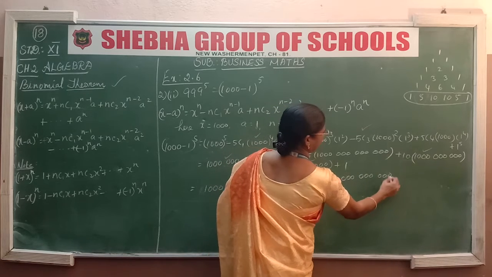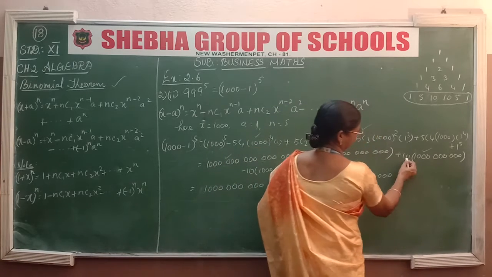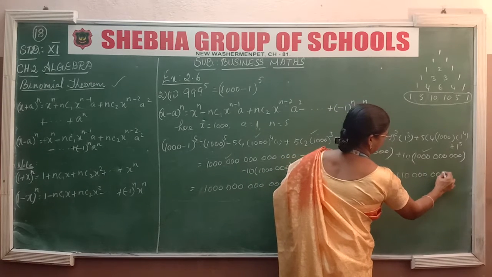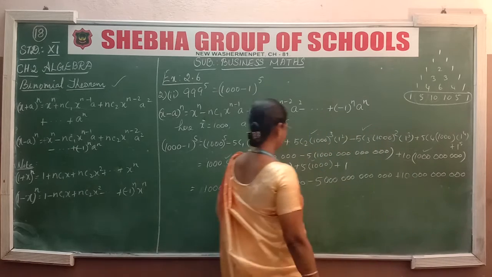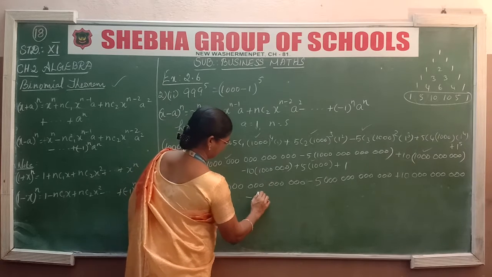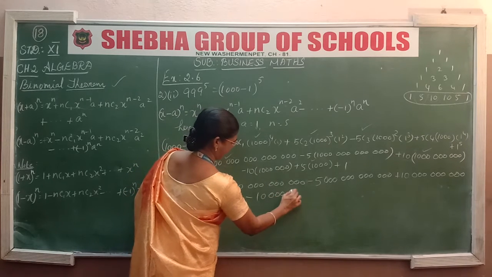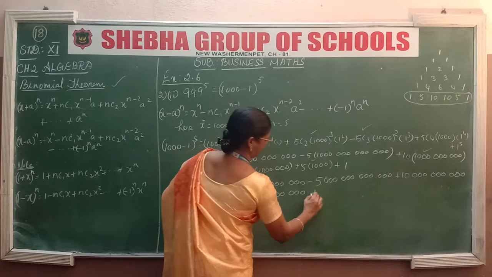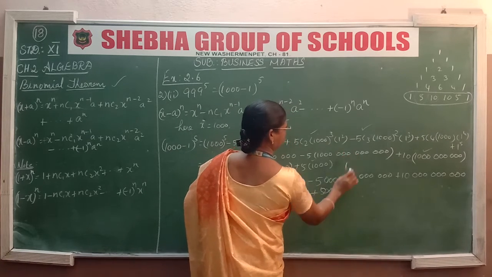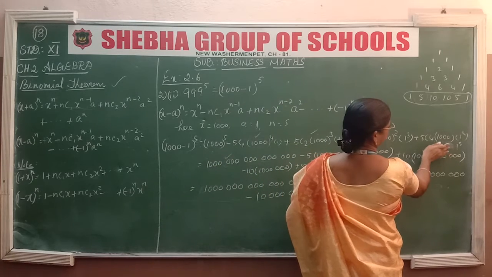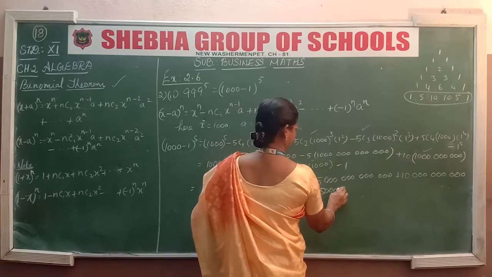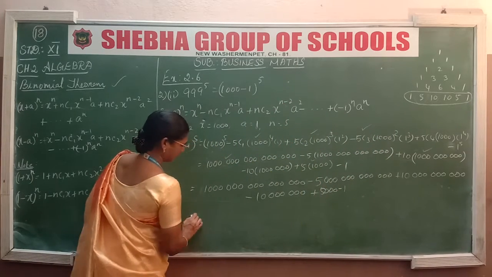Next, already 9 zeros are there, multiplied by 10 we get 10 zeros. Next minus: here also 6 zeros plus 1, 7 zeros. And plus 5,000, sorry, minus 1. Here put minus 1. The last term is plus, after minus will come. Minus, minus.